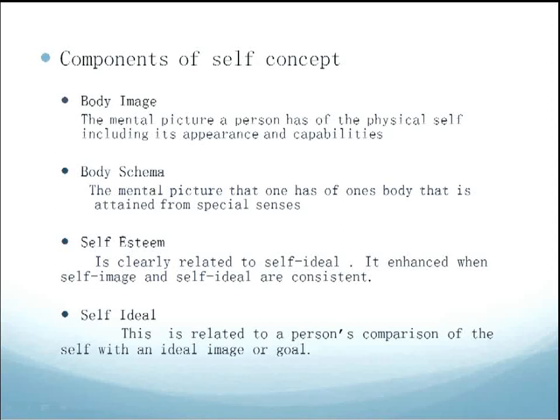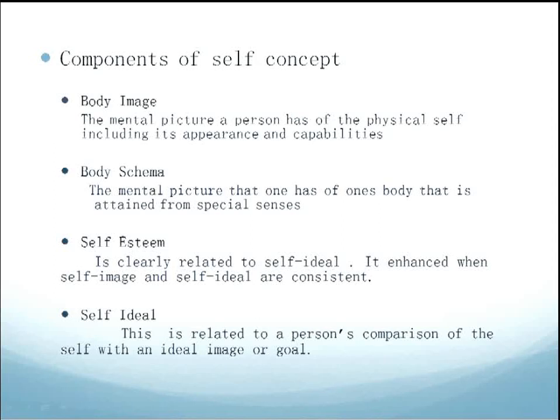Body image is the mental picture a person has of their physical self, including its appearance and capabilities. What will happen after this surgery occurs? What will happen after this chemotherapy? The patient will think.